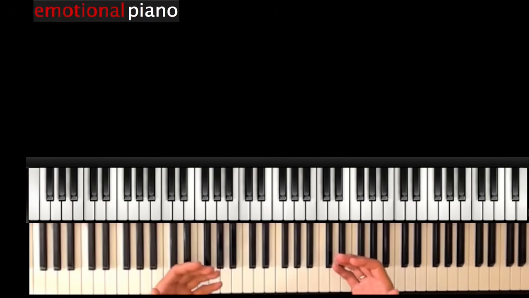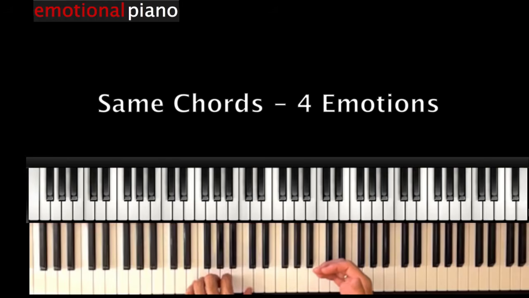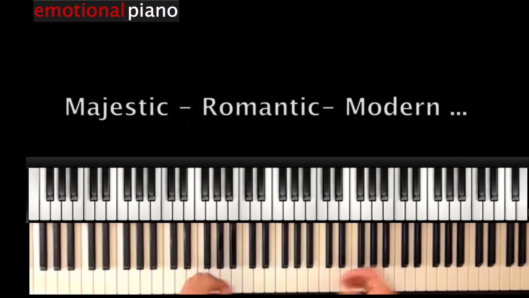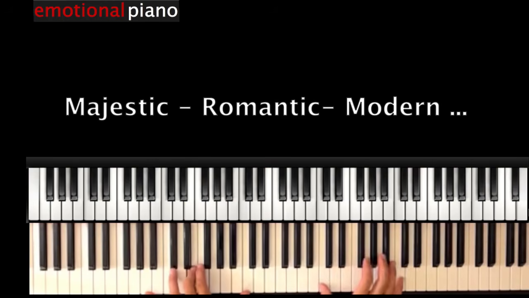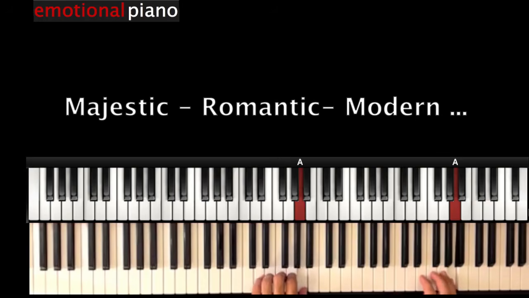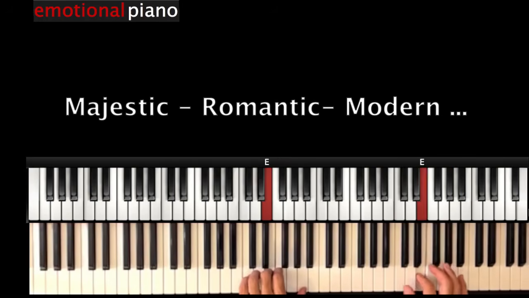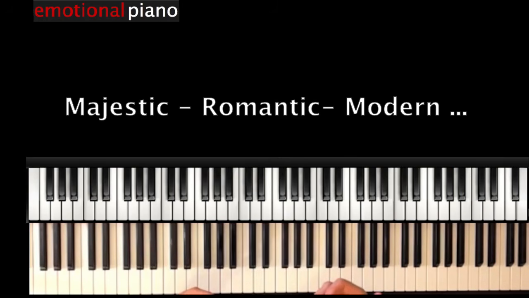What if I told you that these four simple chords, D minor, A minor, C major, and G major, could create completely different cinematic emotions, majestic, romantic, or modern emotional.